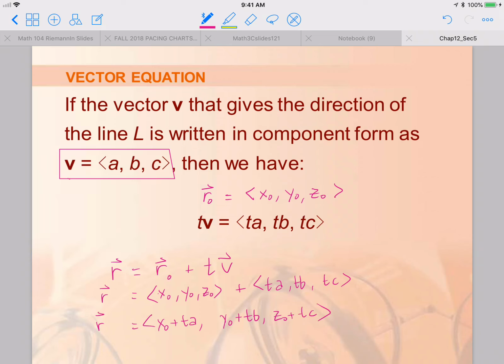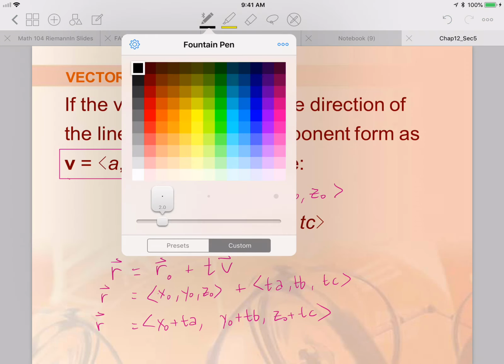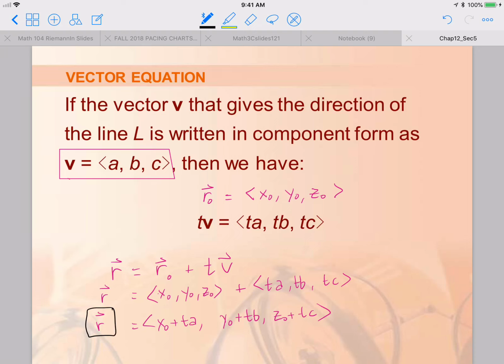So this gives us our components for r. Because if we want to write r, we could write r as x, y, z. And this now tells us that x has to be x naught plus ta, y has to be equal to y naught plus tb, and z has to equal z naught plus tc.